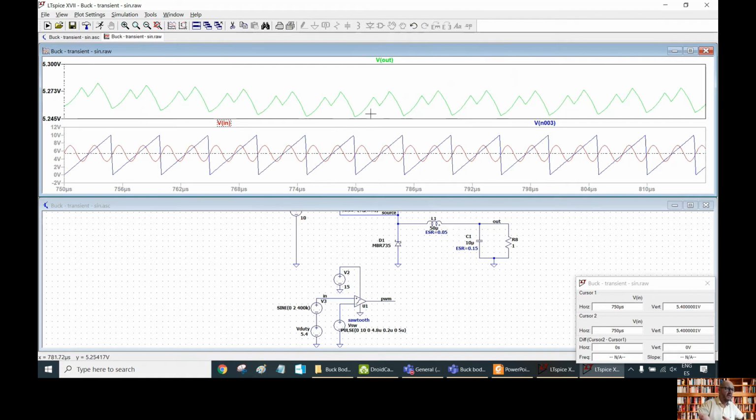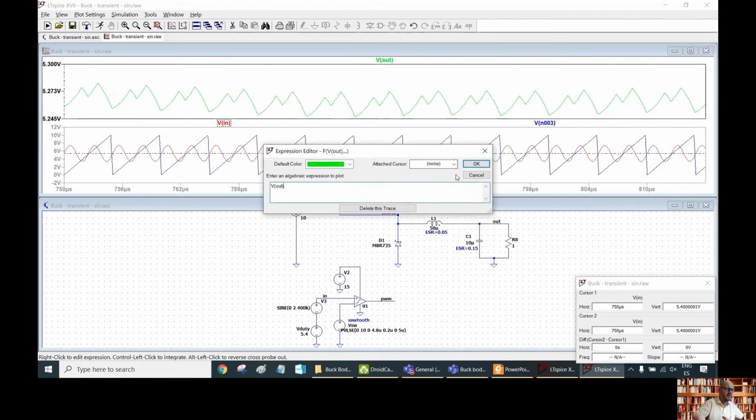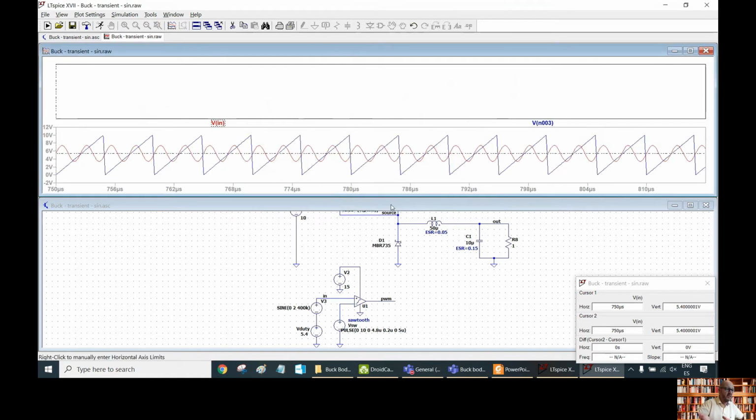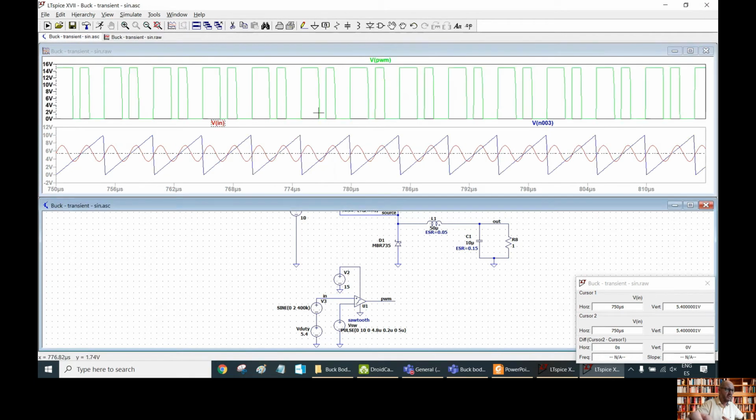If we delete this one and show here the value of the duty cycle, we can see that we have different values. So we are not modulating the duty cycle at low frequency.